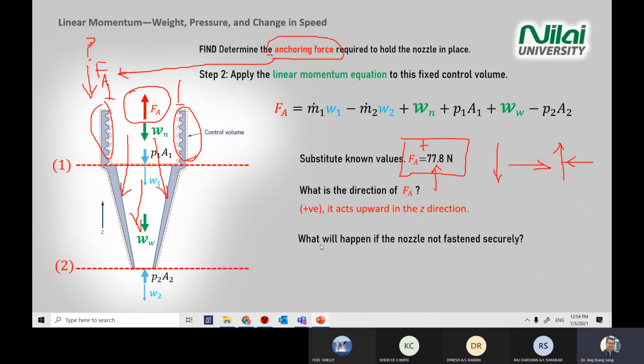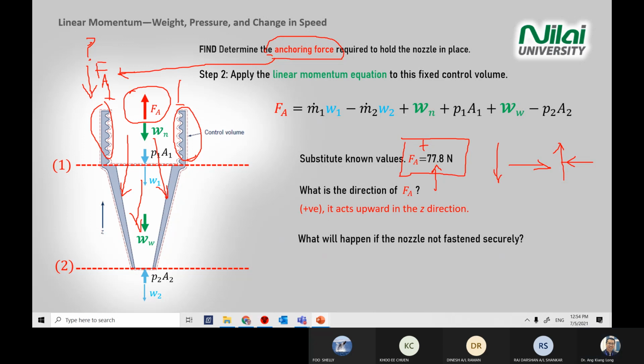So I did explain. What happens if the nozzle is not fastened securely? If the anchoring force is less than 77.8 Newton, what will happen? Normally there is one section, the last section of the question, in a test or final exam, maybe your assignment, that will ask you to elaborate what will happen.